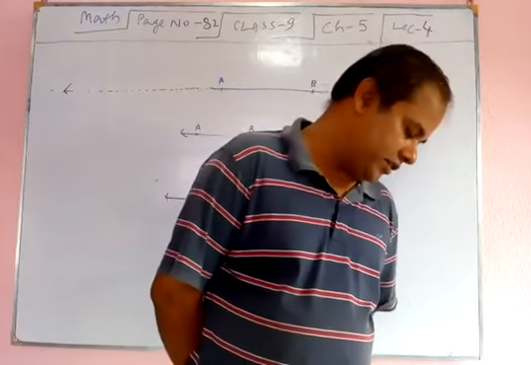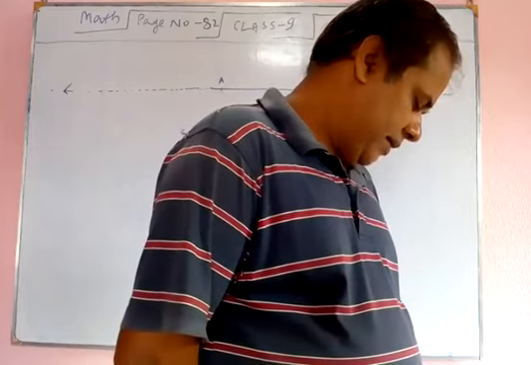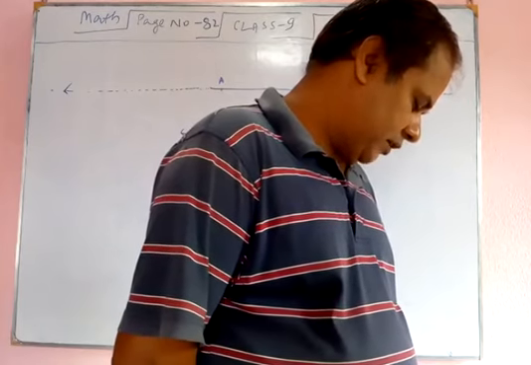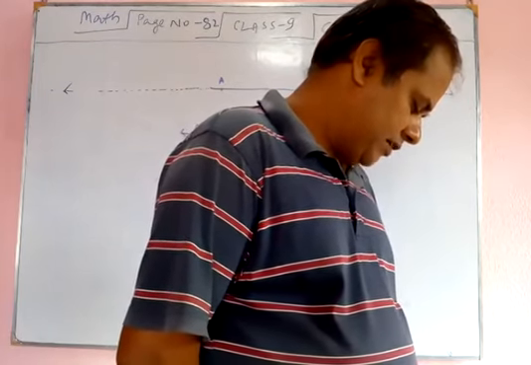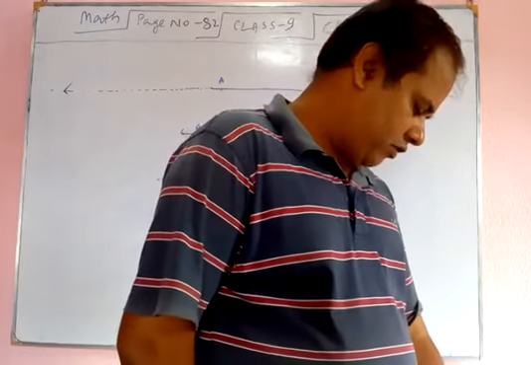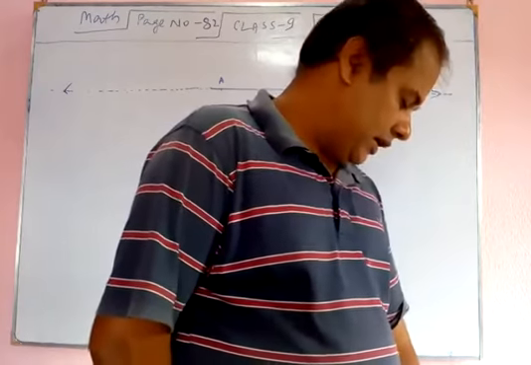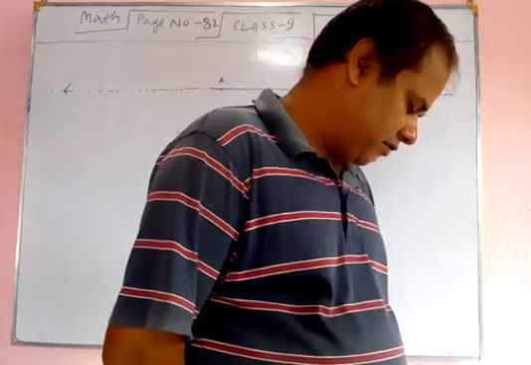Now AB is equal to AC since they are radii of the same circle. Similarly, AB is equal to BC, radii of the same circle. From these two facts and Euclid's axiom that things which are equal to the same thing are equal to one another, you can conclude that AB is equal to BC is equal to AC. So triangle ABC is an equilateral triangle.